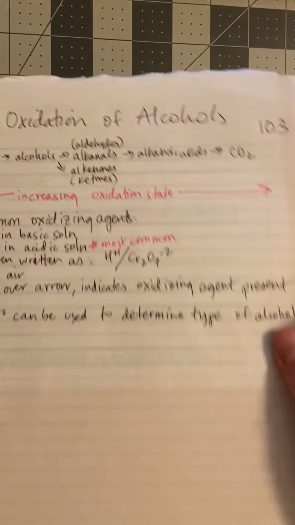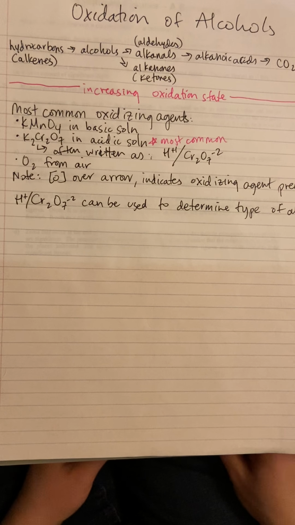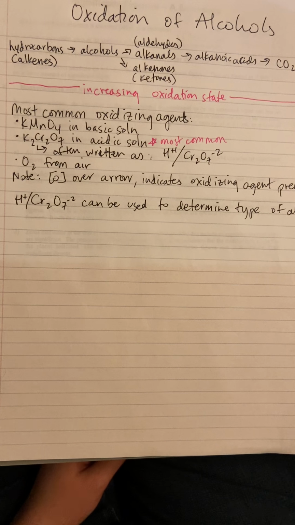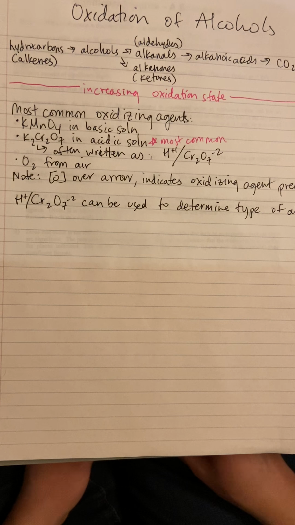So that means that if you put acidified potassium dichromate into a solution of some unknown alcohol type, if the alcohol is oxidized, that means it is either primary or secondary.